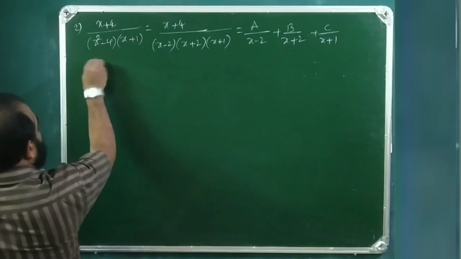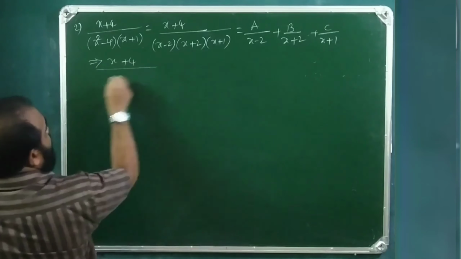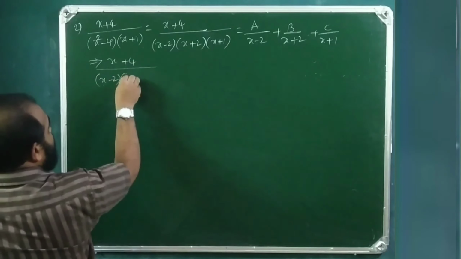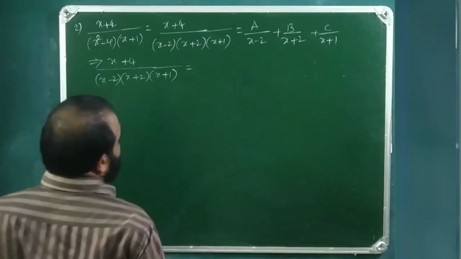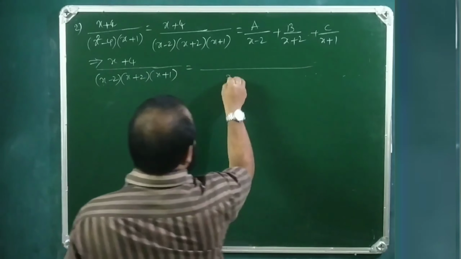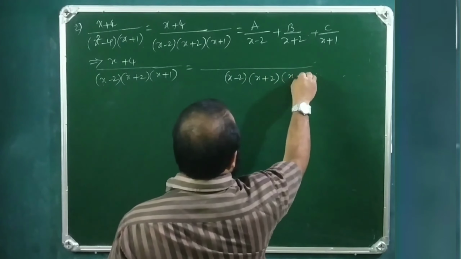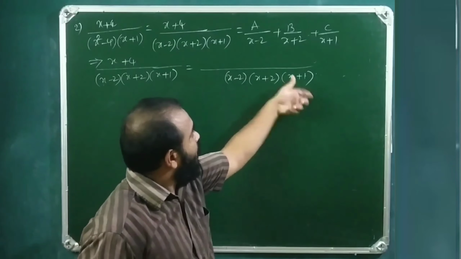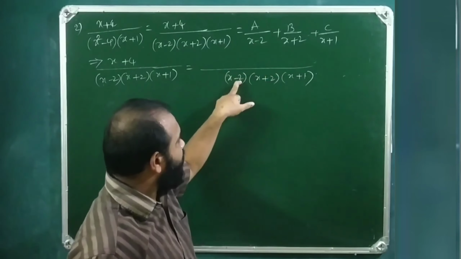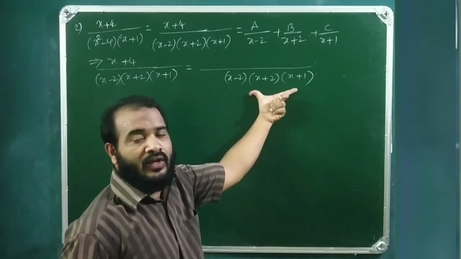So, this is equals to x plus 4 by x minus 2 into x plus 2 into x plus 1 is equals to, the LCM here is x minus 2 into x plus 2 into x plus 1. So x minus 2, x plus 2, x plus 1 by x minus 2. This gets cancelled. So a into this is, these are the two we are getting.